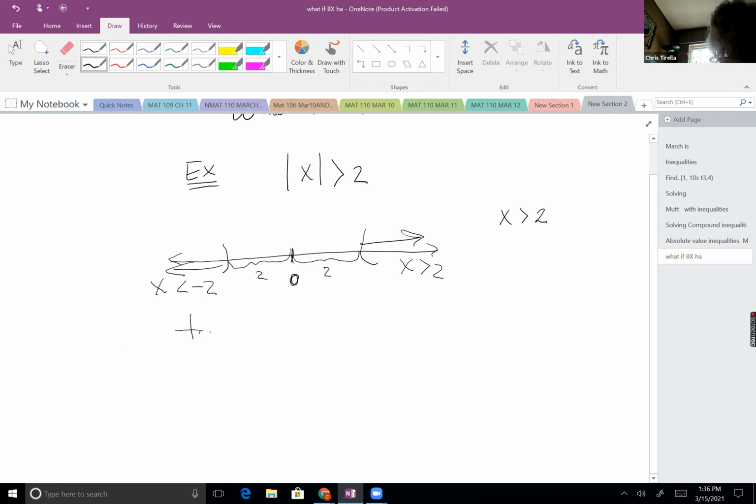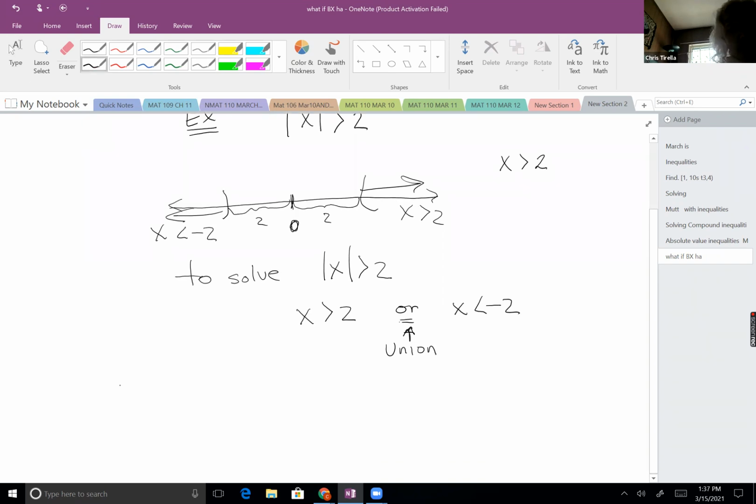And so to solve the absolute value of x is greater than 2, we say that x can be greater than 2, or x can be less than negative 2. And "or" is like taking the union, combining the two.